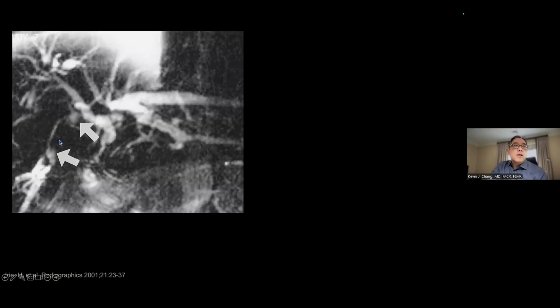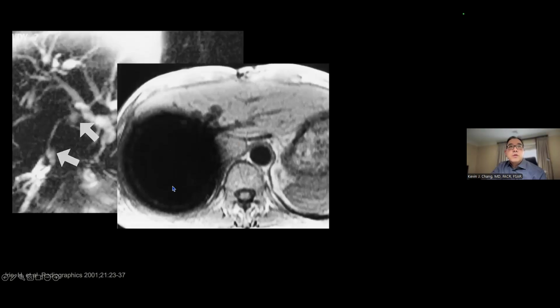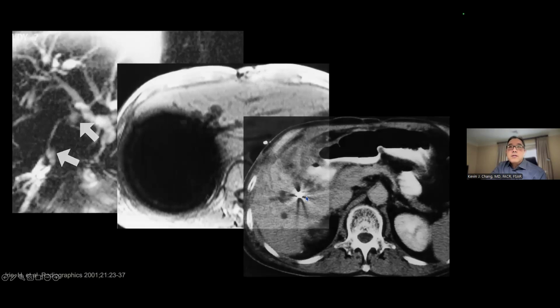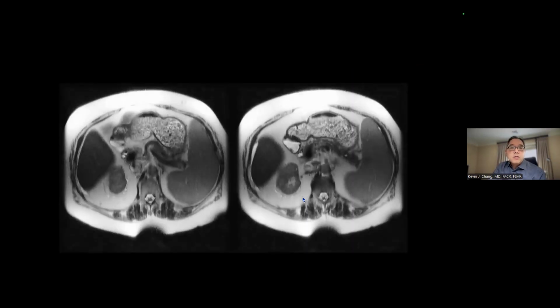There's this big signal void here in the right hepatic tree, and on a gradient echo sequence, you can see this huge signal void affecting the right lobe of the liver. And on CT scan, you can see that that's related to a metallic clip in the porta hepatis region. So there's an example of susceptibility artifacts, which can limit your visualization of the biliary or pancreatic tree on MRI.